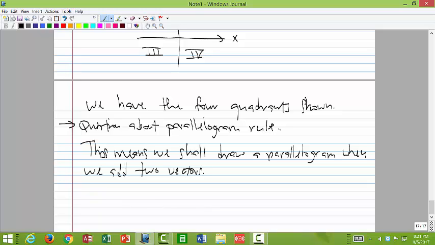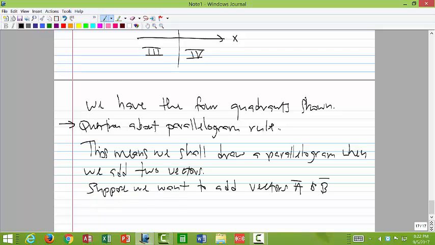So for example, let me think of one that we can do. If I wanted to add, let me do a simple one. Let's say we wanted to add vector A plus vector B. They are just at right angles to each other.